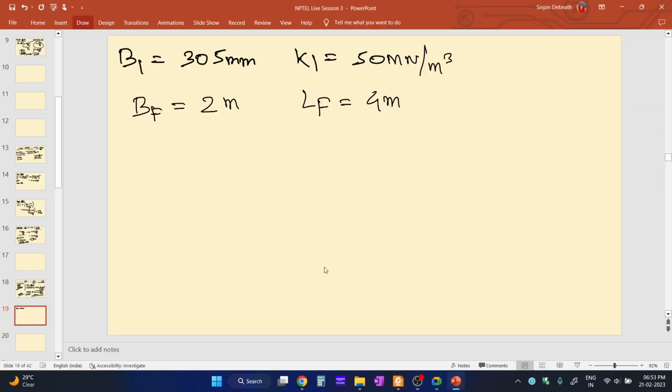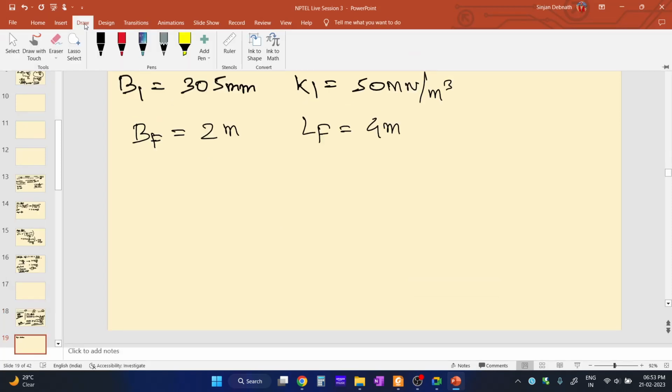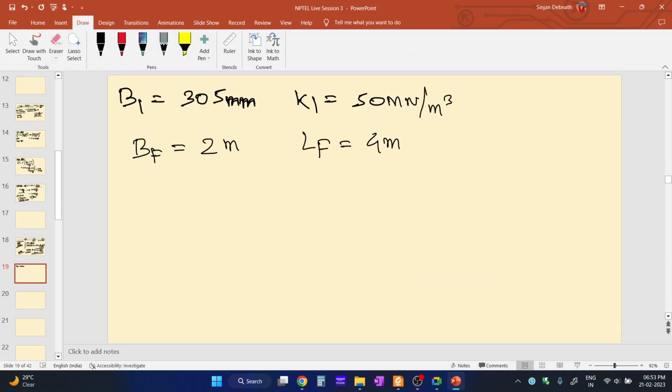One minute please. Anyway, let me just cut it like this, 3 meter.